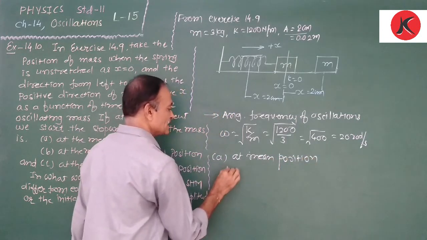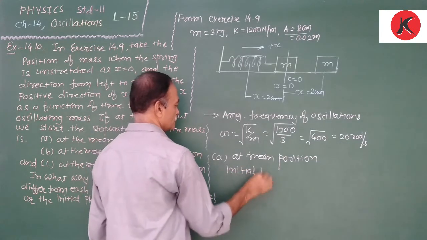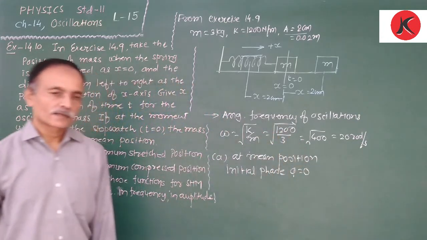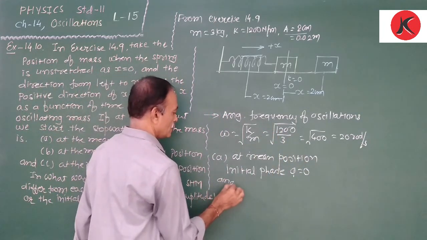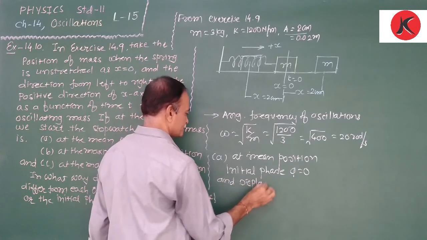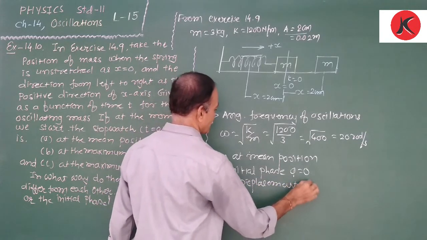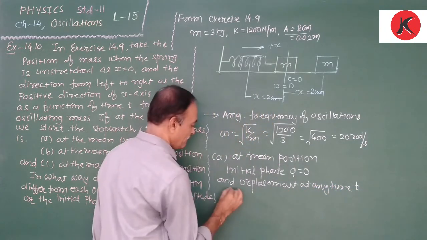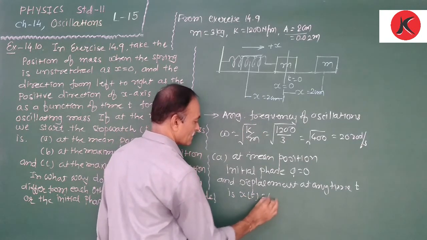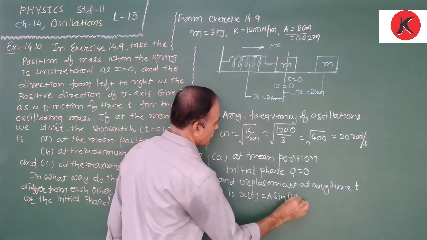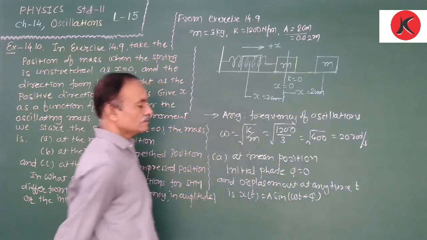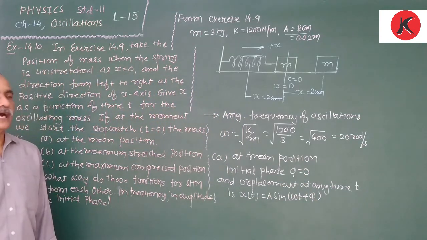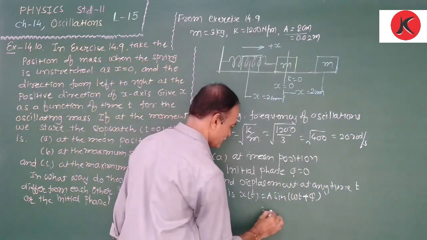Now at mean position, the initial phase phi is equal to 0, and the displacement at any time t is given by the equation x(t) equal to a sine(omega t plus phi). We substitute the values of a, omega and phi. A is 2 centimeter.